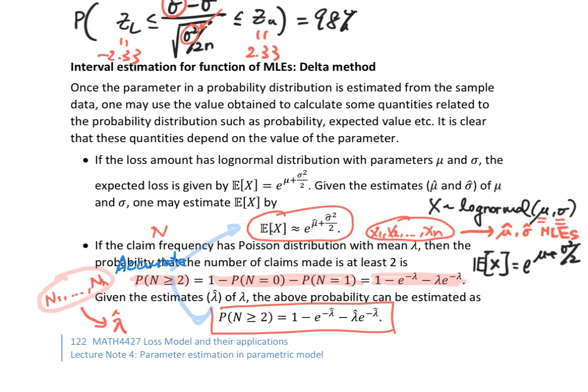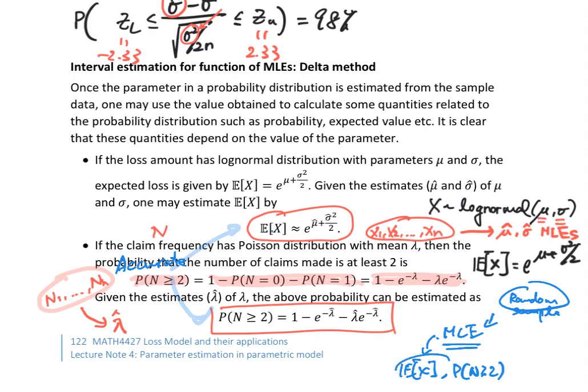Remember the MLE is estimated from your random sample, and because this random sample is just a small sample randomly drawn from the distribution, the MLE will have some error or randomness as well. Of course, because of that, if you use the MLE to estimate your expected value or the probability, the estimate may not necessarily be accurate, in the sense that it may be different from the true value.